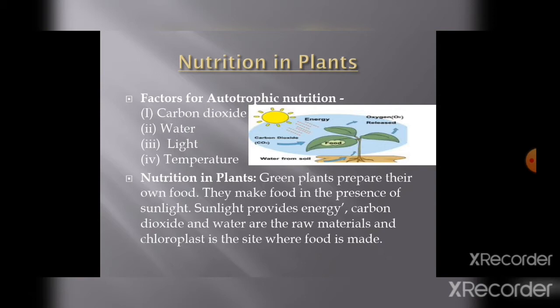The site where the food is made is the chloroplast. In the chloroplast food is made and it is stored in the leaves as starch.